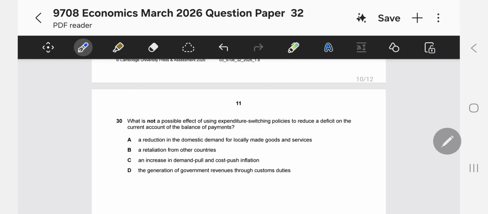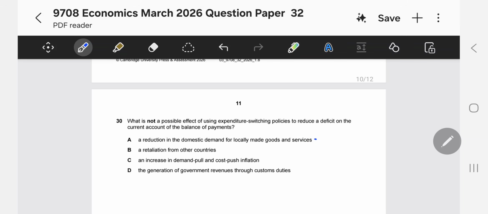So if we do expenditure switching, then domestic demand is definitely going to increase, because imports are going to become expensive, and so I'm thinking this could be the correct answer.